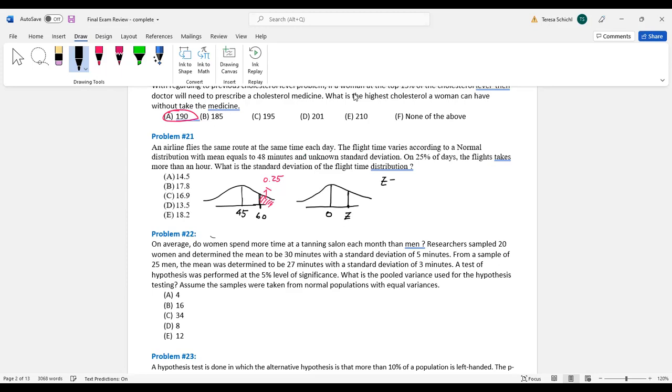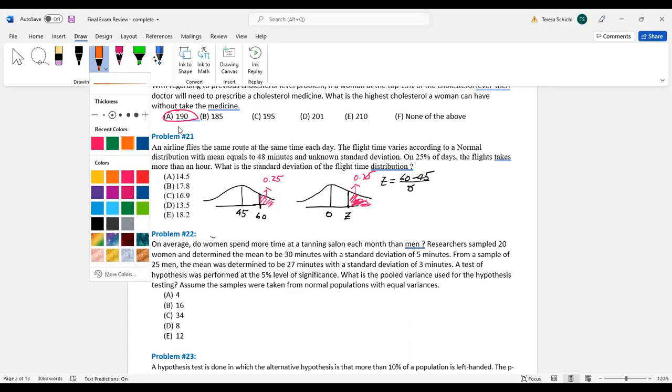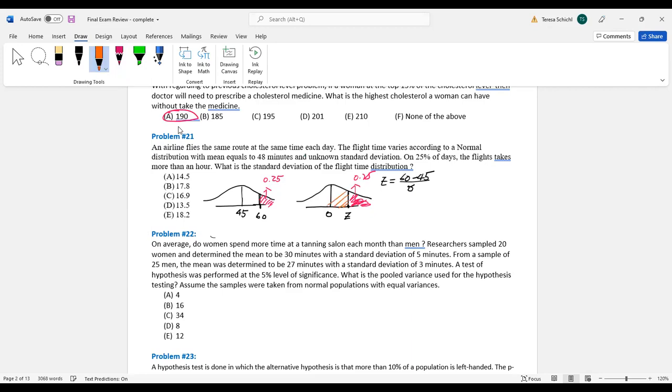So the z-score will be 60 minus 45, divided by this sigma we are trying to find. Even when you transfer to the z-score, this area is still 0.25. Now I need to use the inverse normal, but I need this area, right? This area is 0.75. So I can use the inverse normal to find the z.